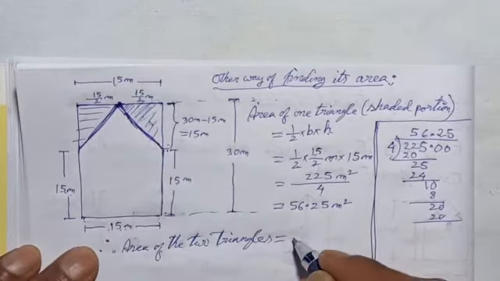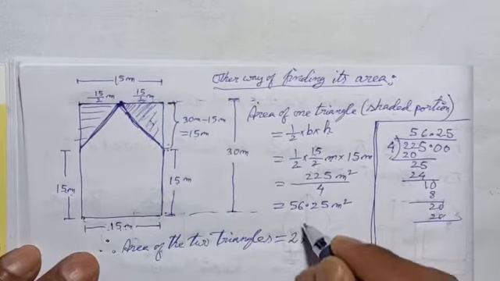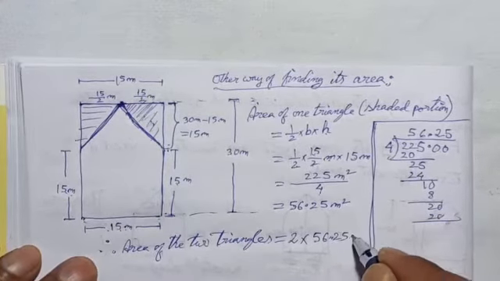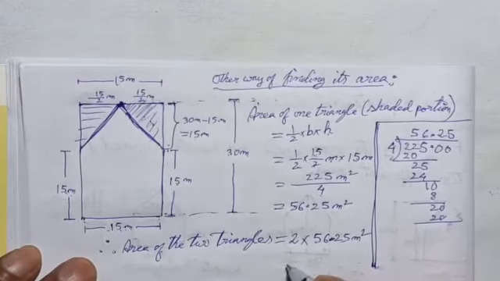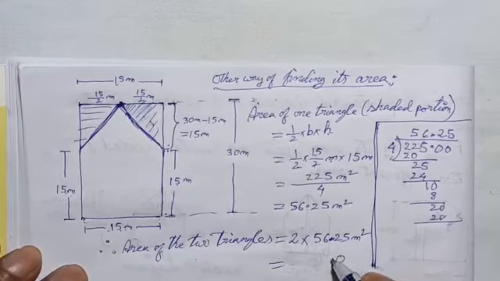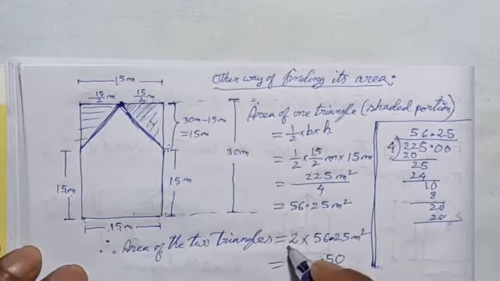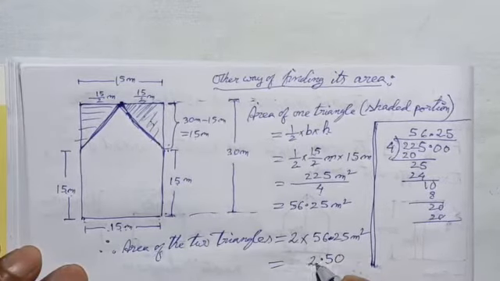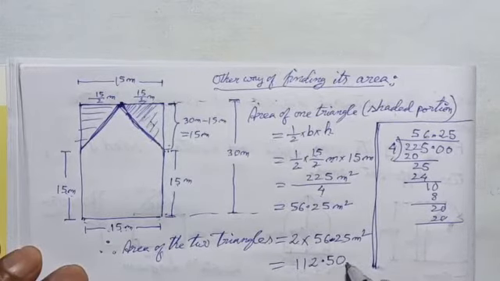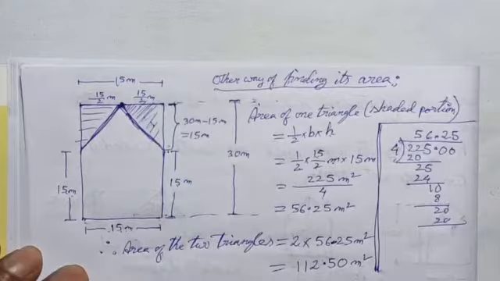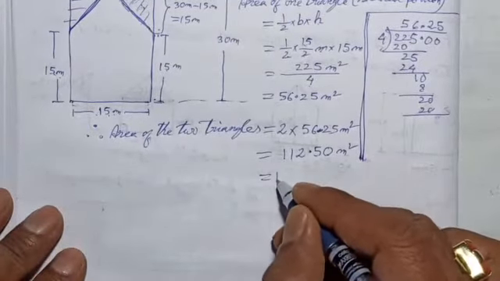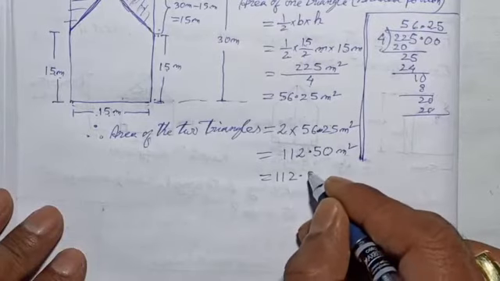So we will multiply 2 with 56.25 meter square. 2 fives are 10. 2 twos are 4, plus 1 is 5. Point. 2 sixes are 12. 2 fives are 10, 11. We are getting this 112.50 meter square. And this 0 let's leave. 112.5 meter square.